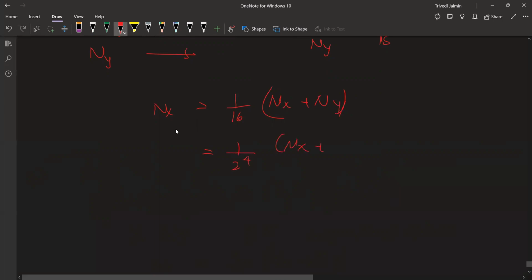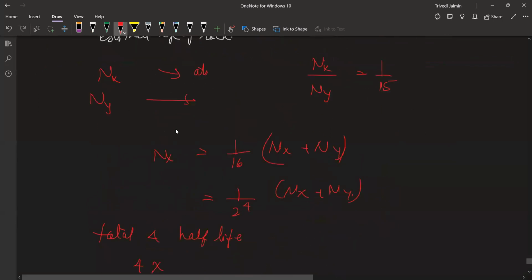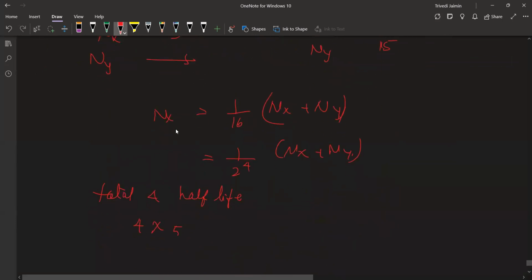So 4 half-lives passed: 4 times 50 years, which is 200. So the age of the rock is 200 years.